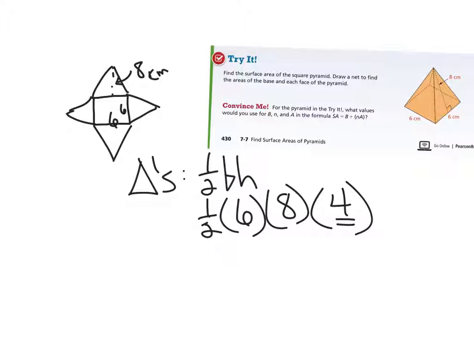Whether you do that as part of this step or whether you just find the area of one triangle, get that answer, and then multiply it by 4, either way is fine. So if we were working this out, one thing we could do is take half of 6, which is 3, and then 3 times 8.